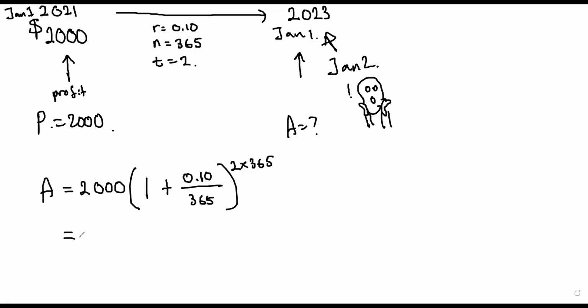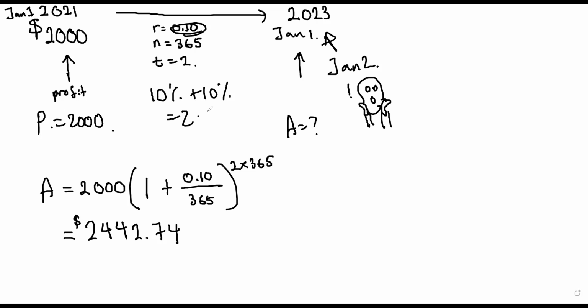Okay, I got mine. What did you get? Ian's got, yep, looks good. 2,442.74, right? So take a look. It's 10% for 2 years, so it should be 10% plus 10%.